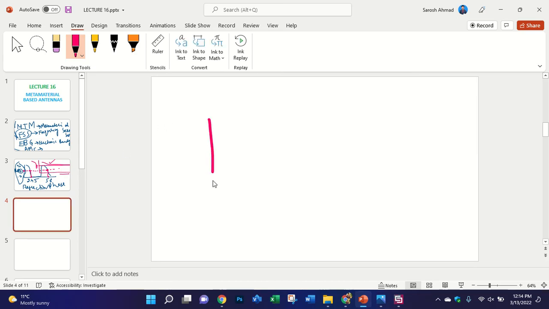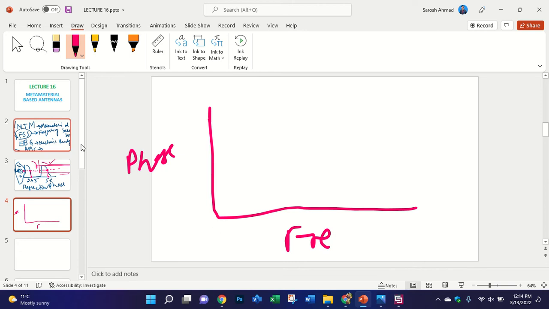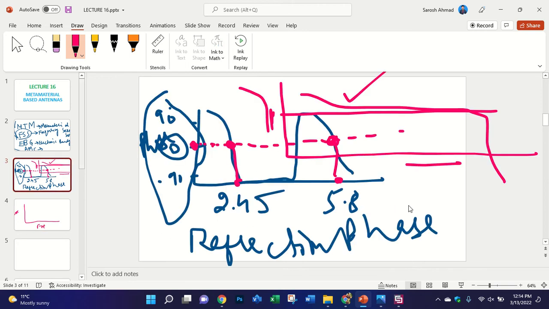In this case we have a phase and here we have a frequency. This is the case of the AMC, artificial magnetic conductor.